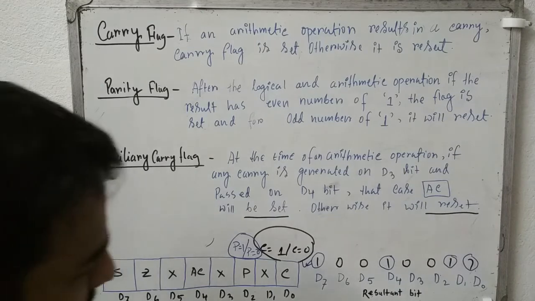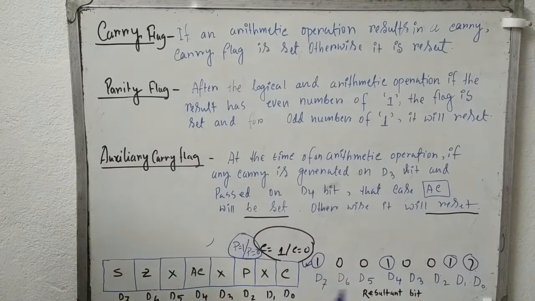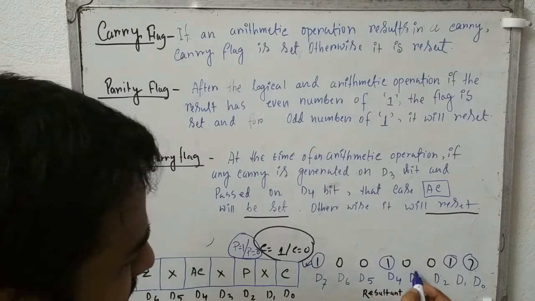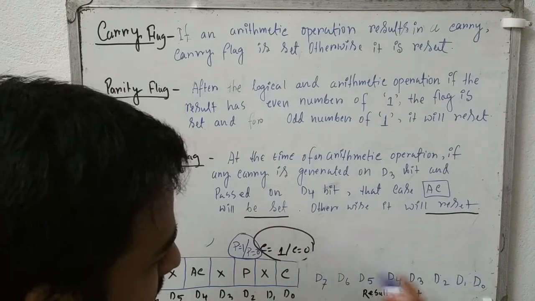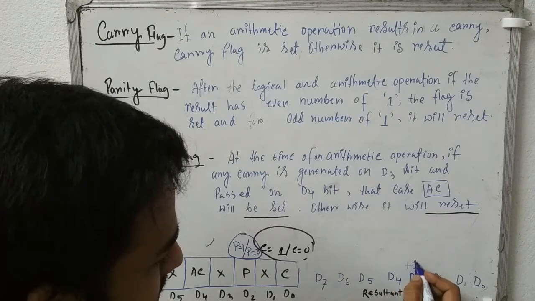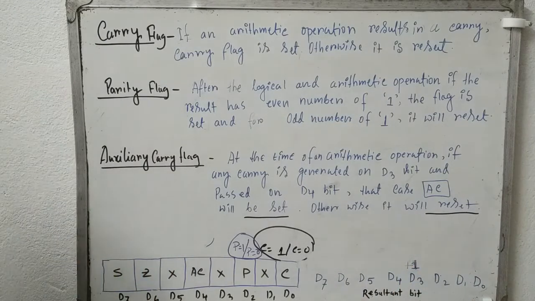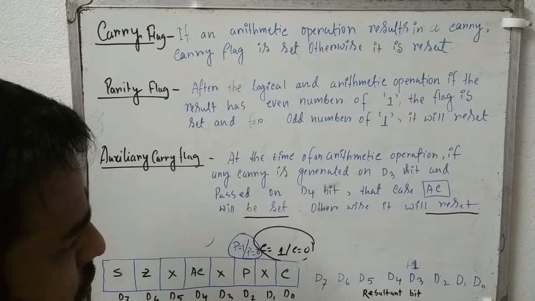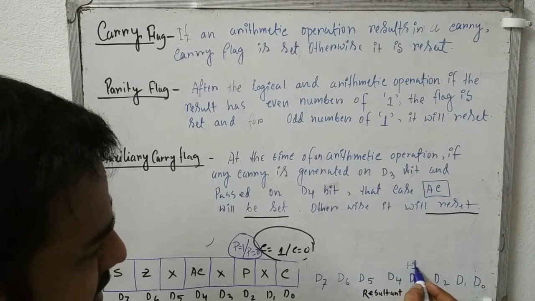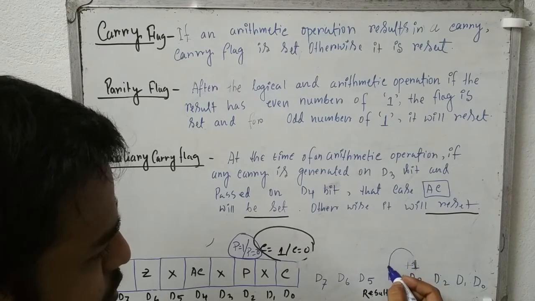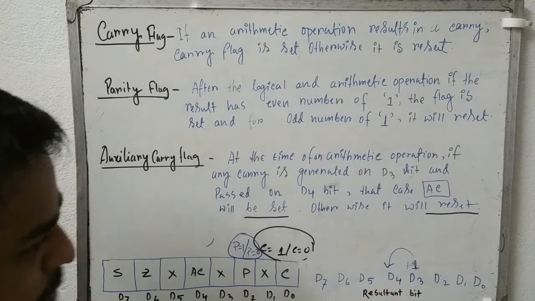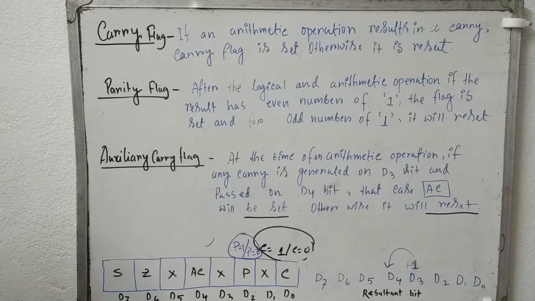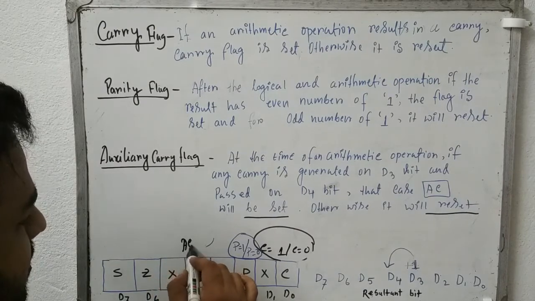That means if any carry is generated into the D3 bit during an arithmetic operation, and this carry is passed to D4, then we will set the auxiliary carry, we will set this AC value to 1.